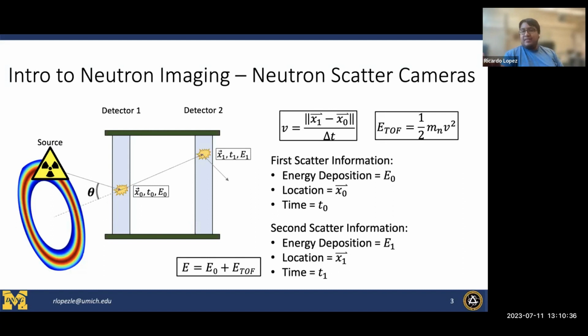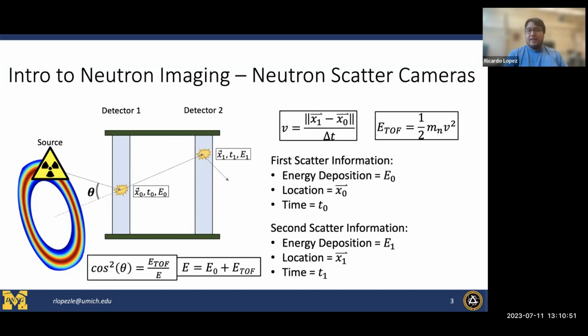Now, if you add this energy at time of flight plus the energy that was deposited in the first scatter event, then you have a rough idea of what the original energy for that neutron was as if it was emitted from the source.